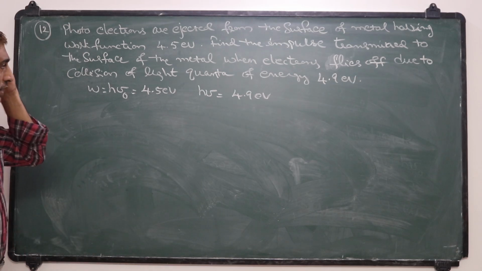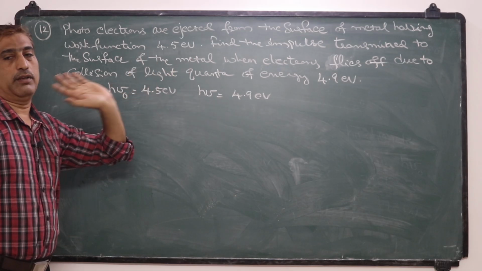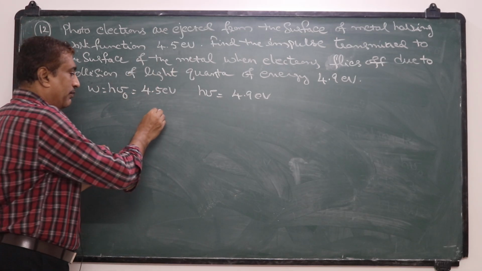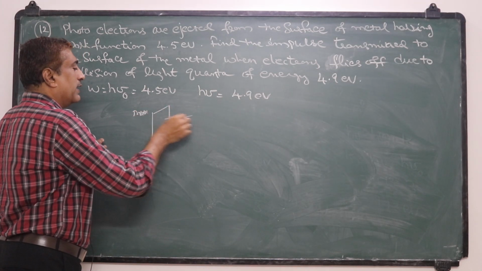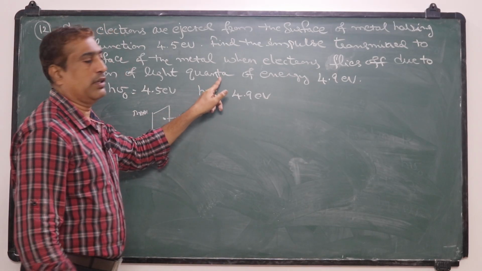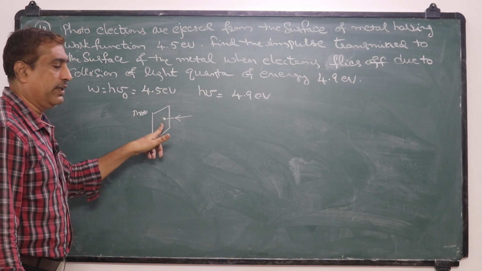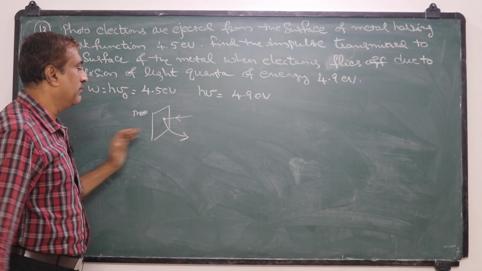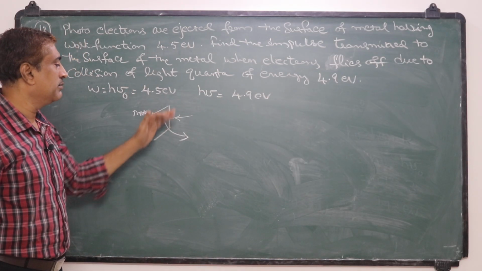Now we have to find the impulse transmitted to the surface of the metal. That means, suppose this is the surface of the metal, then light quanta, that means here we have to consider this quanta as photon, light photon collides with the surface. That means due to this collision, electrons are escaped from this metal surface, or electrons are ejected from this metal surface.